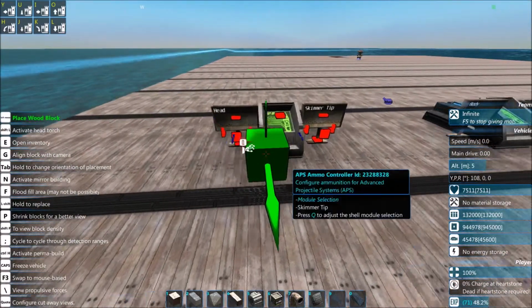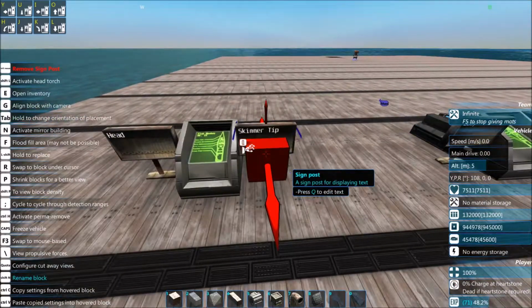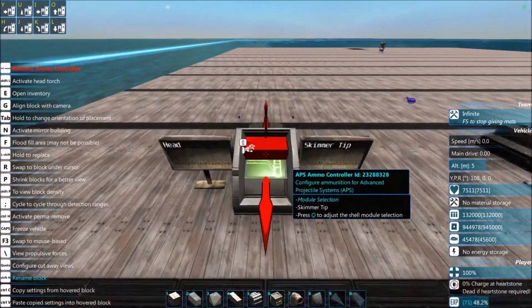So this headpiece here is the skimmer tip.